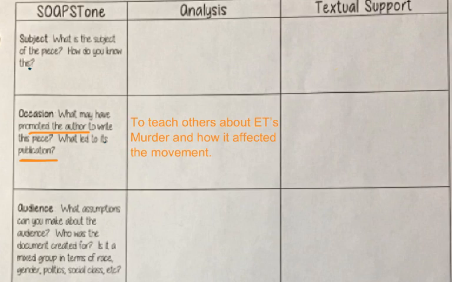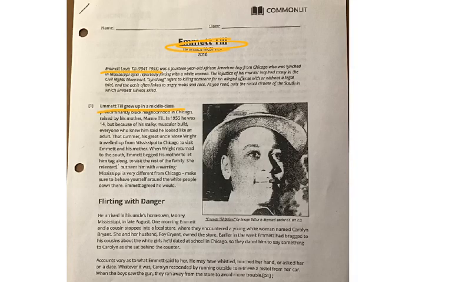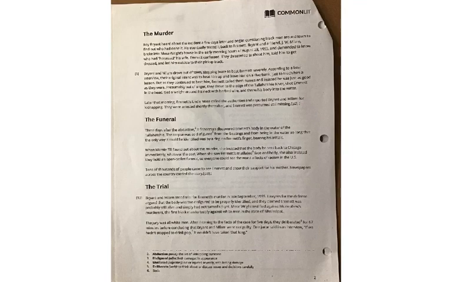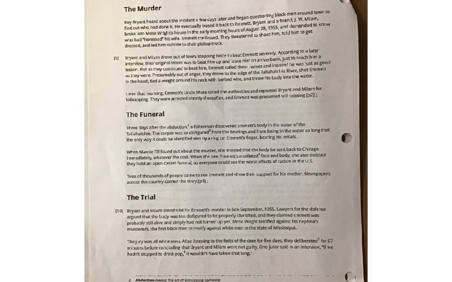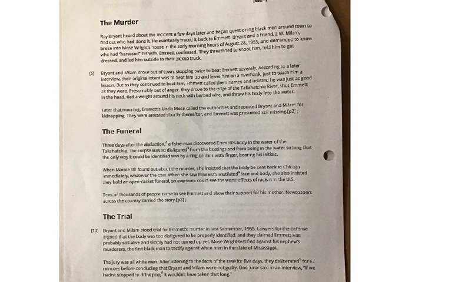So now we have to go and find evidence. So take your pink highlighter and let's go back to the article, and now we're going to be highlighting anything pink that's helping us understand that Emmett Till died and his effect has a great meaning for our movement.